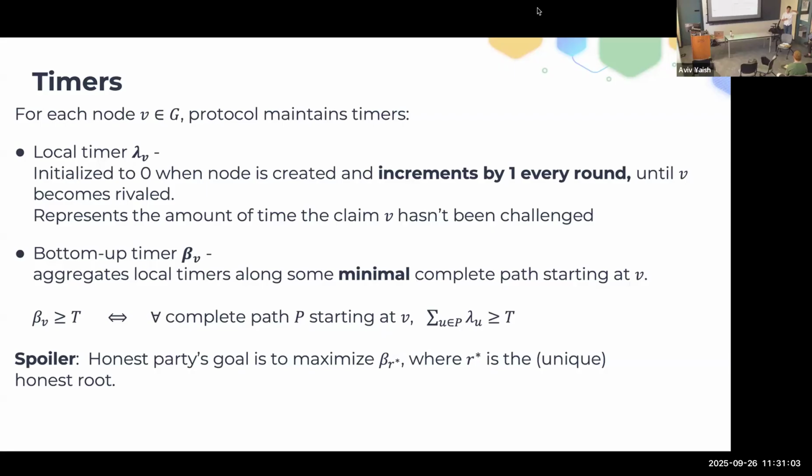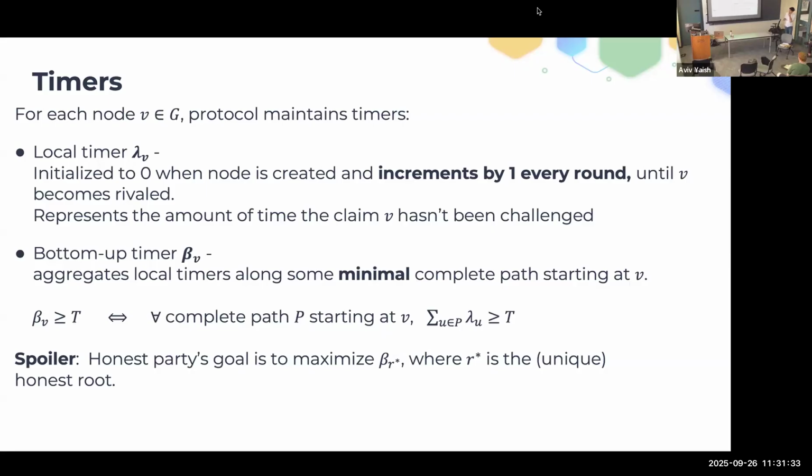So every block, it ticks by 1 until it becomes rivaled. At that point, it doesn't tick anymore. And note that this is already a difference between this and what I told you before. Before the clocks were counting down, and here they are counting up. This represents the amount of time that this claim hasn't been challenged yet.